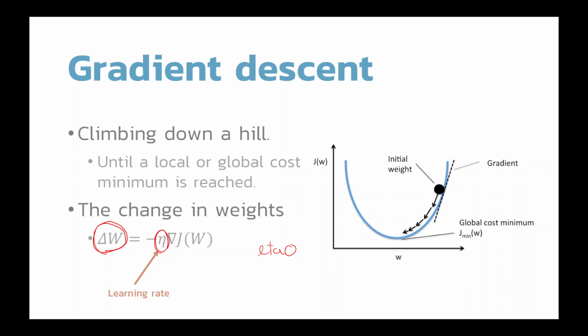If eta is 1, the entire change occurs from this value, but you can scale it down so the change is larger or smaller. I describe it as how quickly your model can learn. If you increase the learning rate, your model learns things more quickly, but if you want a slow learner, you can decrease eta.